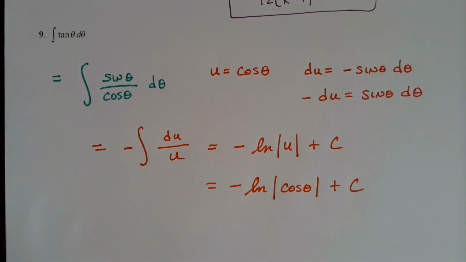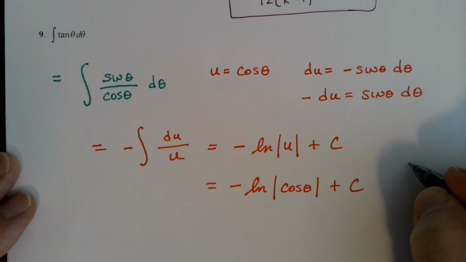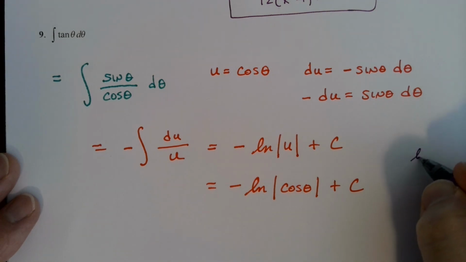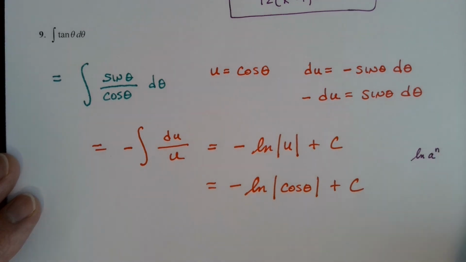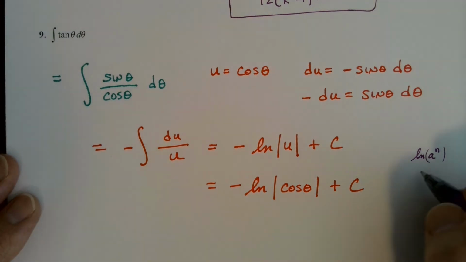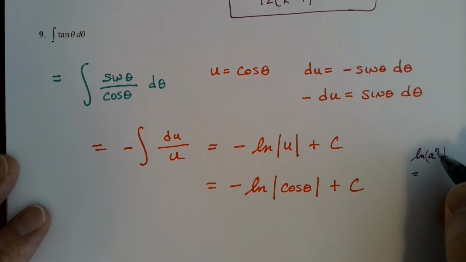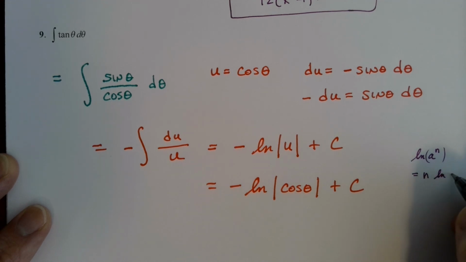Let me remind you real quickly of one of those properties: if I have the natural log of a to the n, then by property of logarithms, I can bring this exponent down to n times the natural log of a.